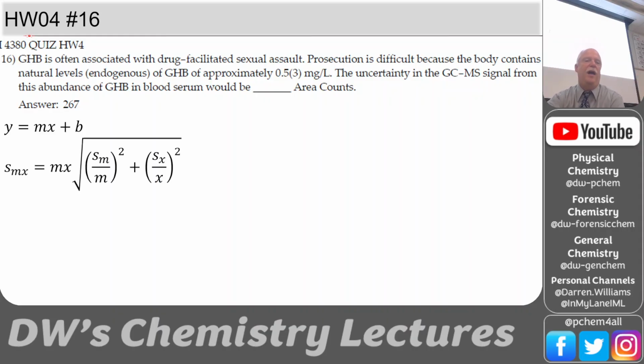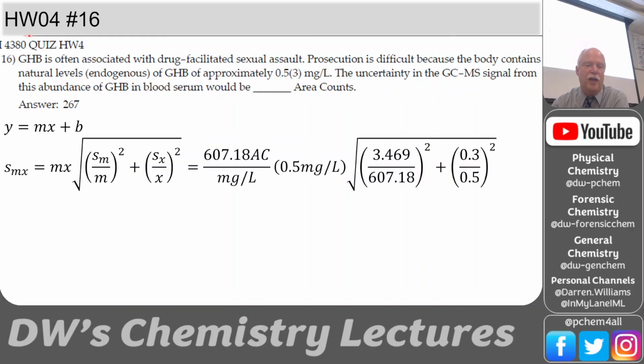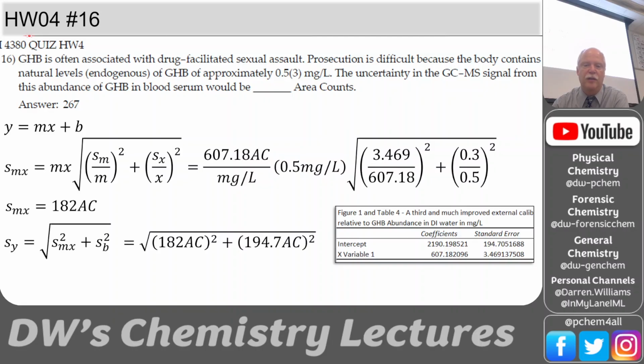So this is the mx uncertainty, and we can go to our ANOVA table and get those values. Let's see, where's our ANOVA table? Here it is. So the M uncertainty is that 3.4. You see where it came from the table here? Here's SM, and here's M, and then here's SB and B. Okay.